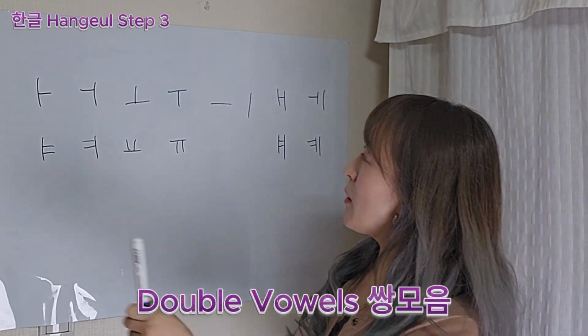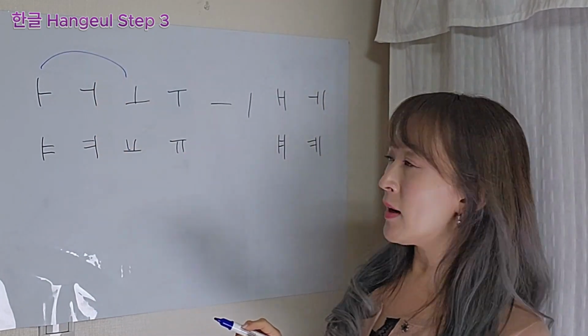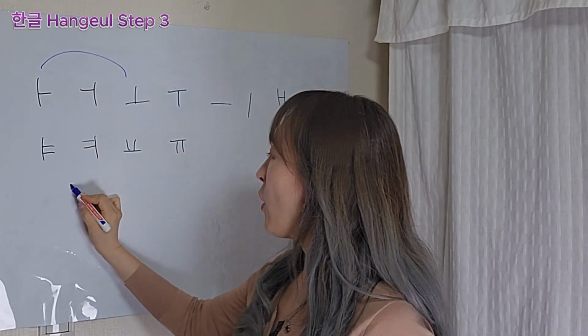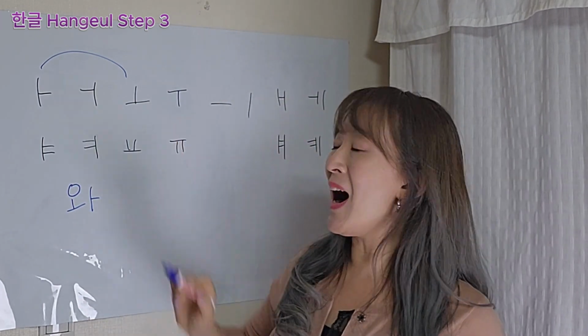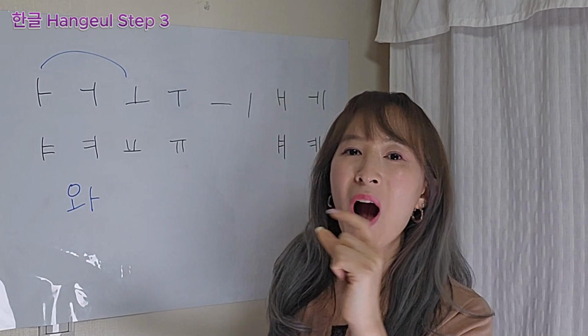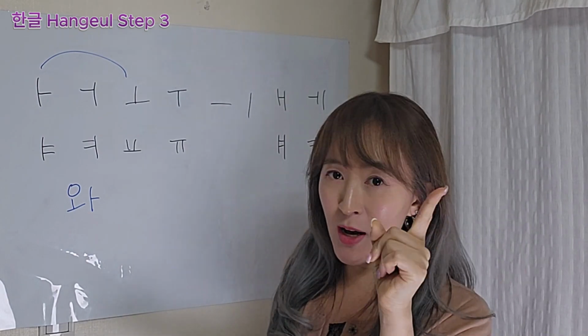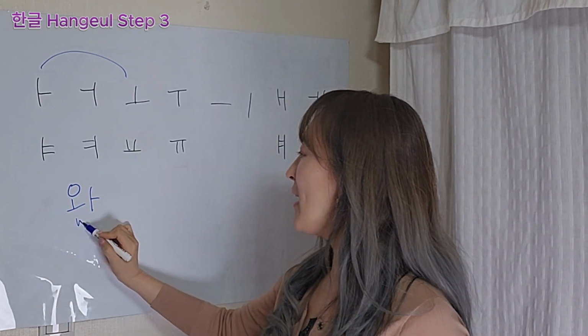So for example, let's start with these 2 here, and we will use 이응, the space holder. So 와, O and A. So 와, quickly to make 1 syllable. Wa, right? So it's like wa sound.